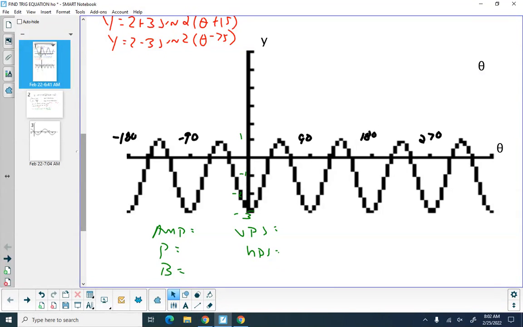Drawing your prime axis. Where would your prime axis go? Find your vertical phase shift. And find your amplitude.